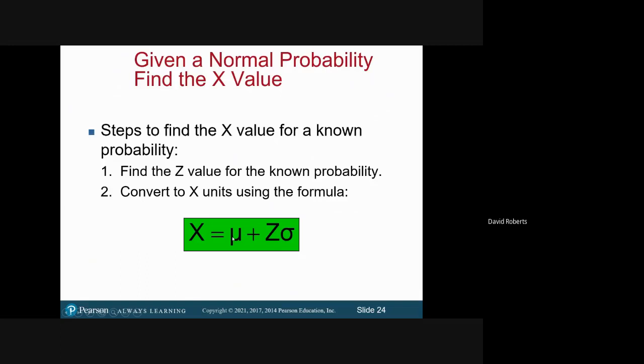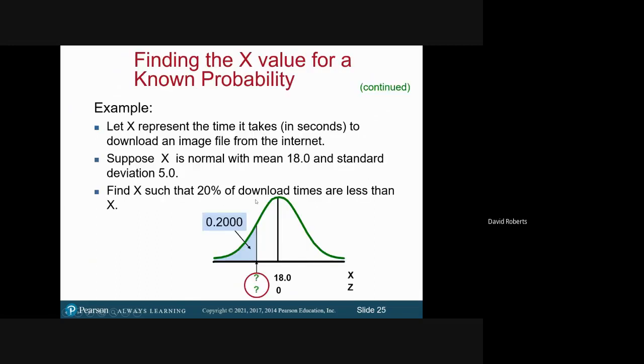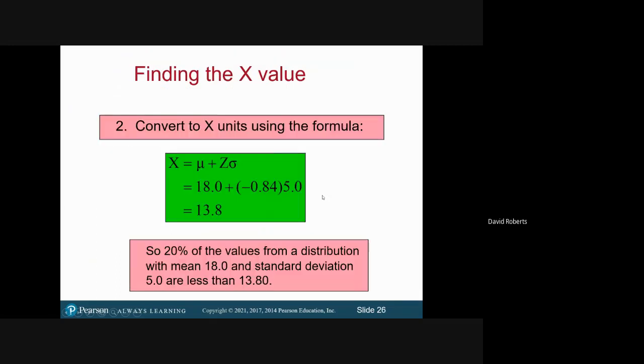All right, again, if you want to find the x value, you take the mean and you add the z-score times the standard deviation. So to convert it, in this particular case, if you have a z-score of negative 0.84 multiplied by the standard deviation, and then add that, which in this case is subtracting, because the z-score is negative, 13.8.